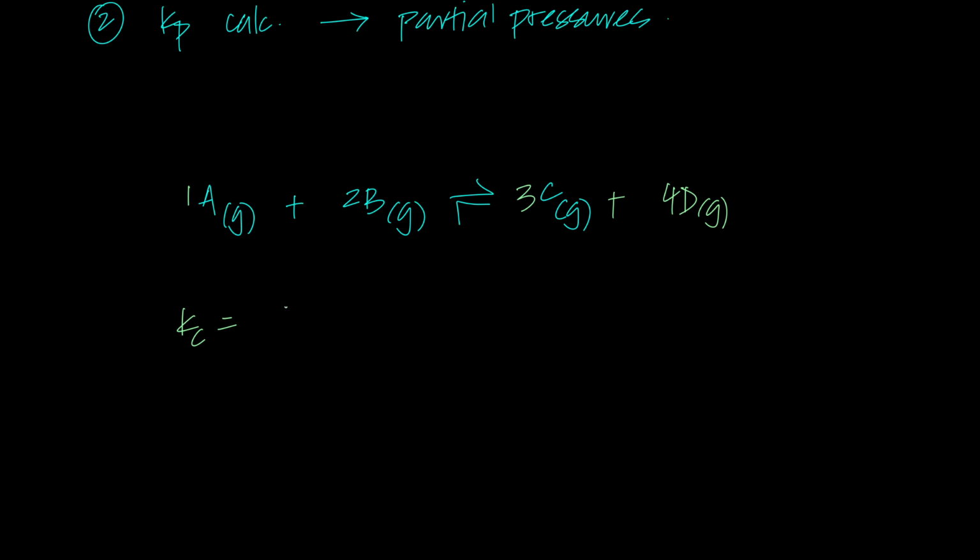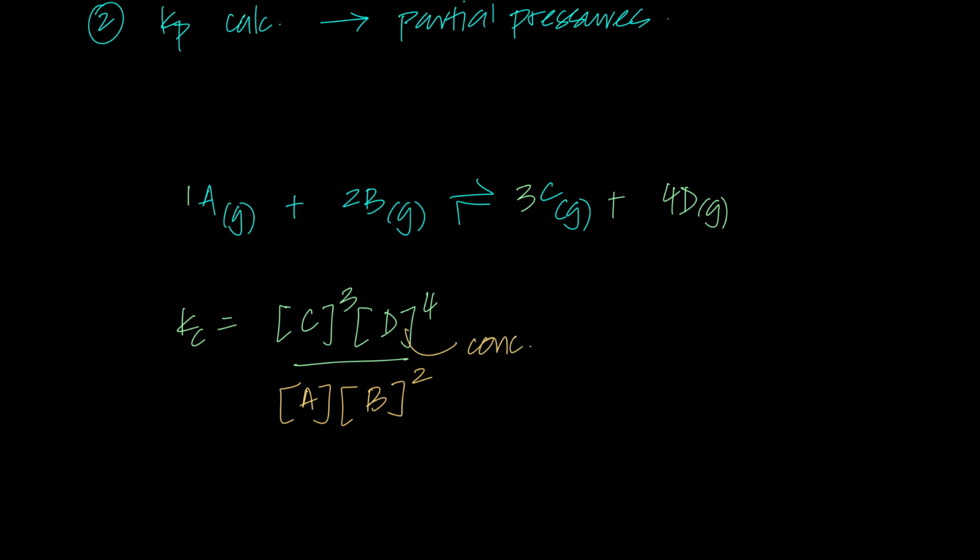Kc is C raised to the power of its coefficient, D to the power of its coefficient, which is 4, A to the power of 1, and B to the power of 2. And these are concentrations at equilibrium. If we are not given this, we figure it out through ICE tables.